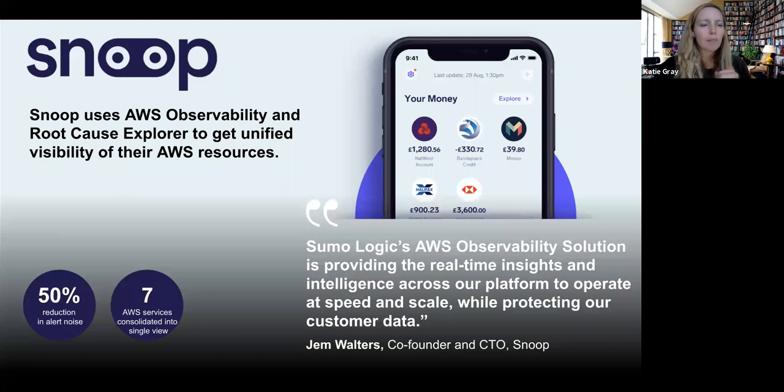Okay, I wanted to show a couple examples here. And I see I only have a couple minutes, so I'll go very fast. Snoop is a fintech company in the UK, and they use over 7 different AWS services and use the AWS Observability solution to consolidate the view across those services, really heavy on Lambda.